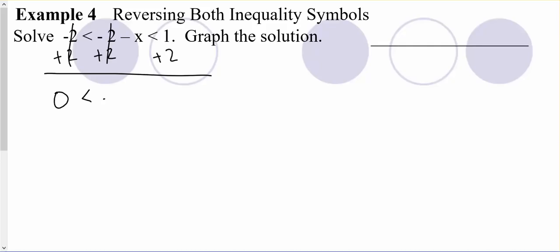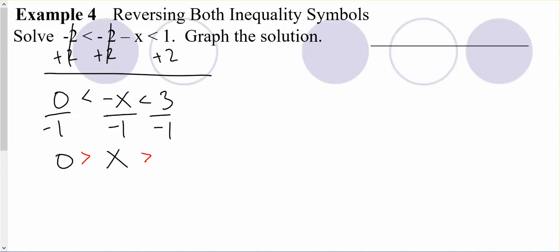So I'm left with a -x in the middle. 1 plus 2 makes 3. This -x means -1 times x. So what undoes that? We're going to divide by -1. Divide by -1 and divide by -1. When we divide by a negative, please remember to reverse your inequality symbols. -1x divided by -1 leaves you with just an x. 0 divided by anything is going to be 0, and 3 divided by -1 is -3.